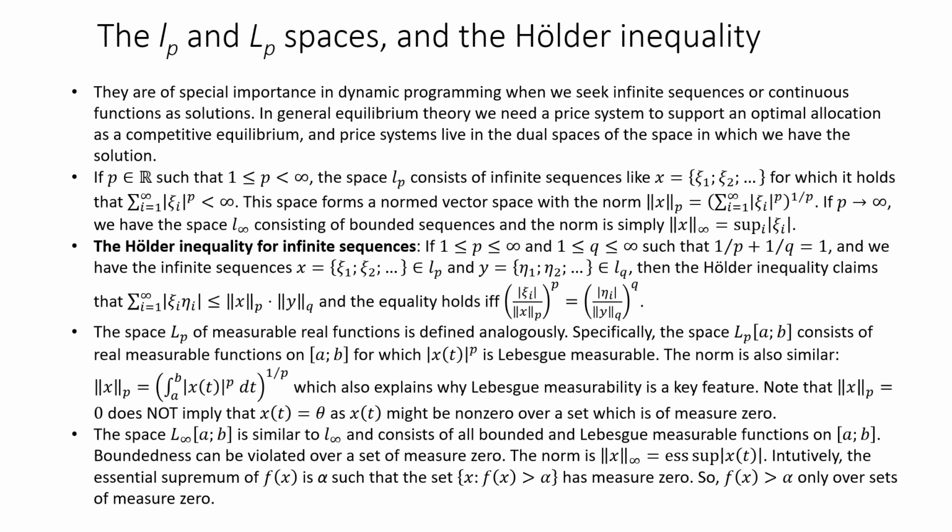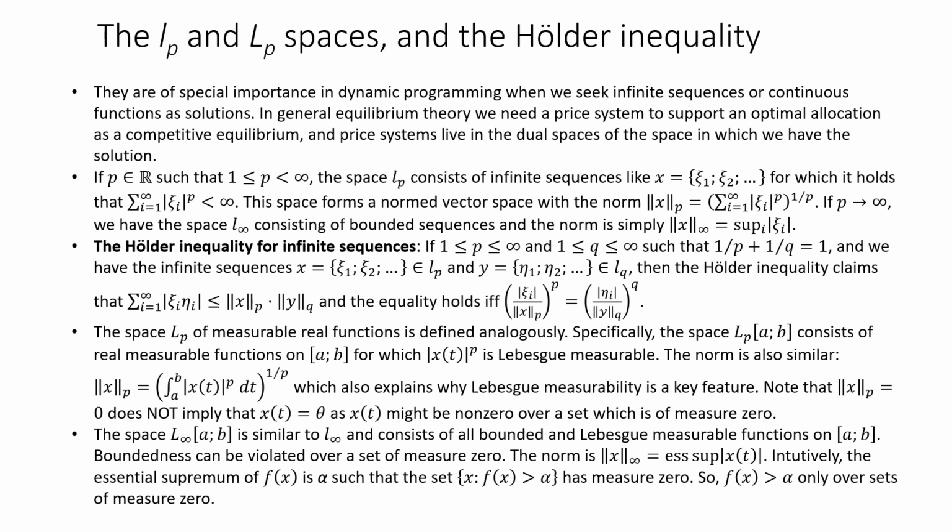These spaces are of special importance. For instance, in general equilibrium theory, we find an optimal allocation. And to show that this is also a competitive equilibrium, like in the case of the one-sector growth model, we need to show that there is a related price system that can support this optimal allocation as a competitive equilibrium.